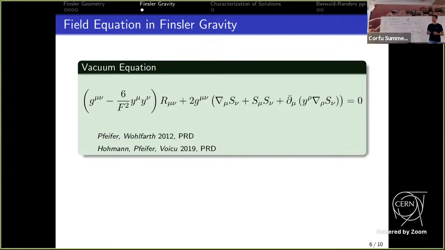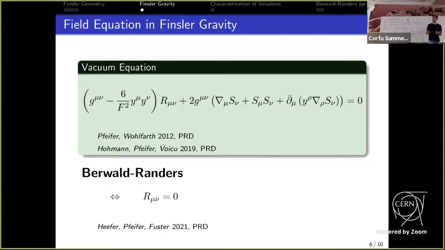This is one of the things that we did in our research. We considered a particular type of Finsler geometry. I'll spare you the details, but they're called Berwald-Randers spacetimes. And we proved that for those kinds of geometries, this field equation is in fact equivalent to this one, just the vanishing of the Ricci tensor.